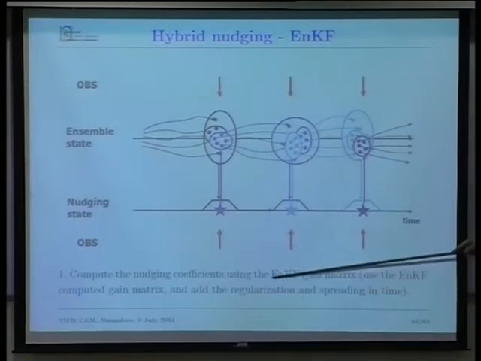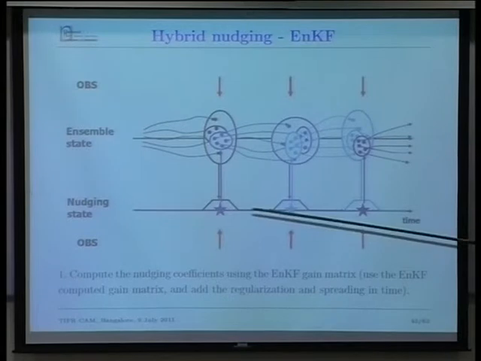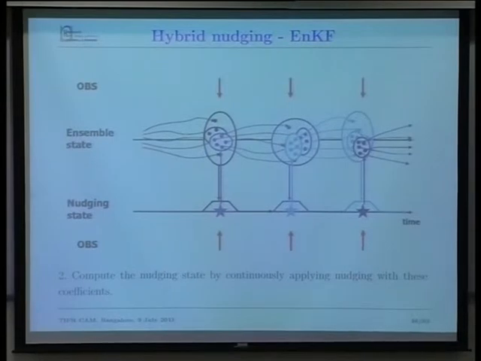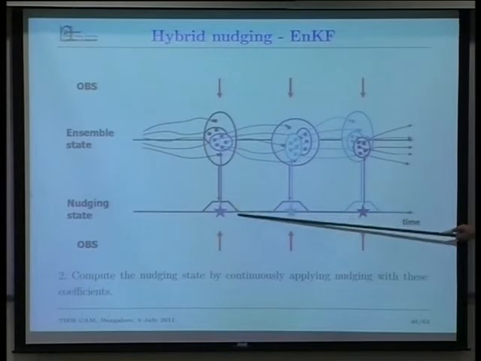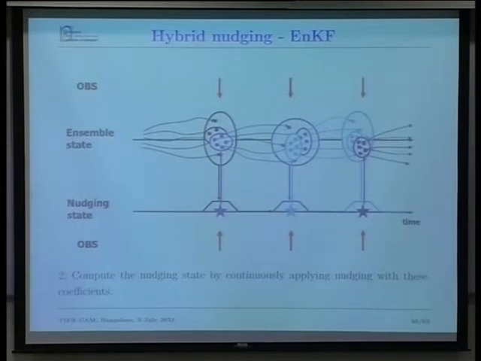But you add the regularization in time and space, so that your nudging state is quite smoothly corrected. So you compute your nudging state here, by continuously applying the nudging term with the coefficients of the nudging matrix coming from the ensemble Kalman filter.